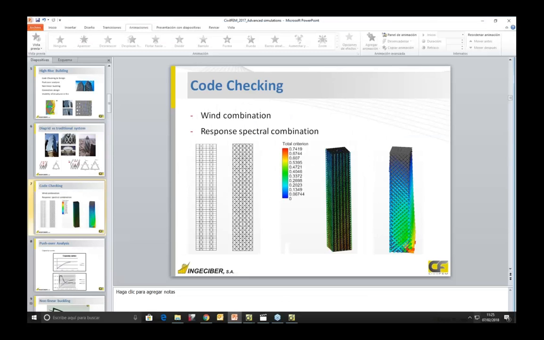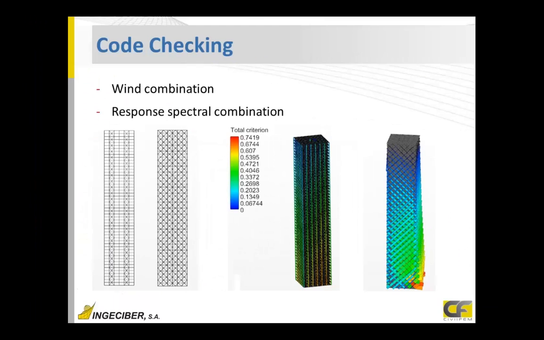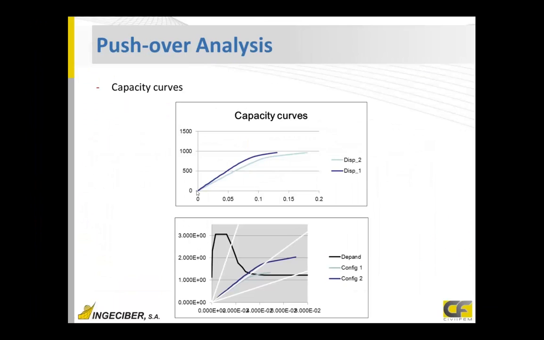After obtaining the capacity curves, here are the capacity curves of both configurations, the traditional configuration and the one with the diagram. We can see there is more stiffness, and we can use these capacity curves in an Excel file to calculate the pushover results, comparing the demand curve with the capacity curve of both configurations.